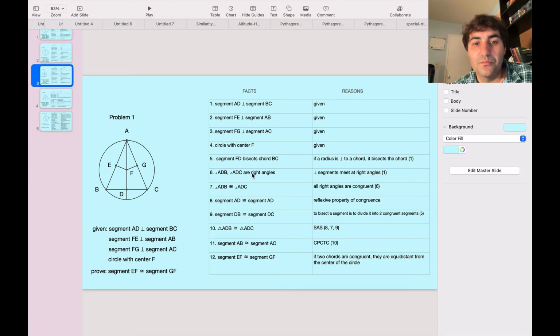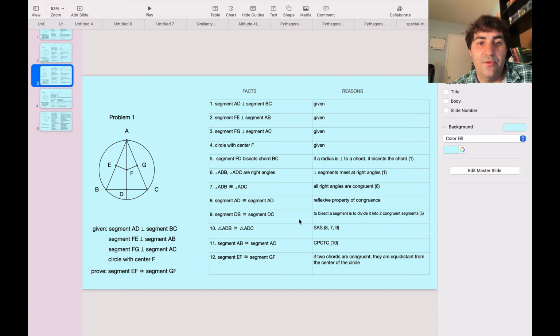So we know that angle ADB and angle ADC are right angles, right? Because perpendicular segments meet at right angles, given what we have in statement 1. And all right angles are congruent, so angle ADB is congruent to angle ADC.